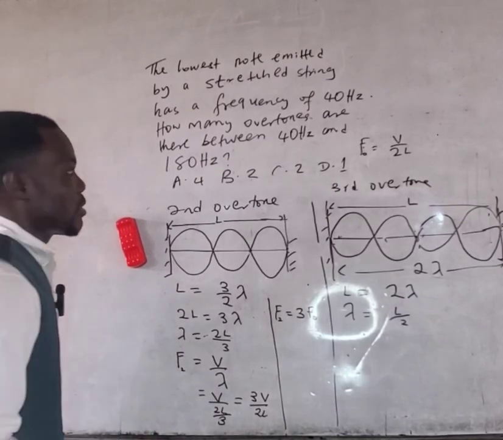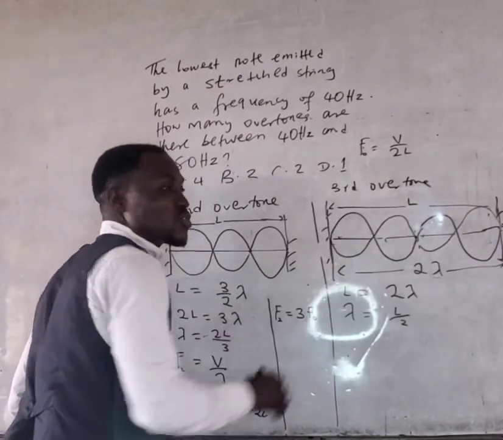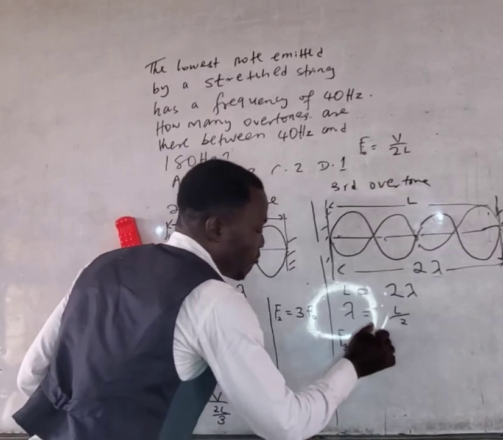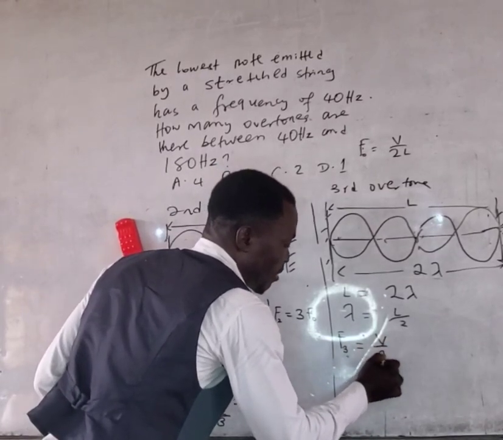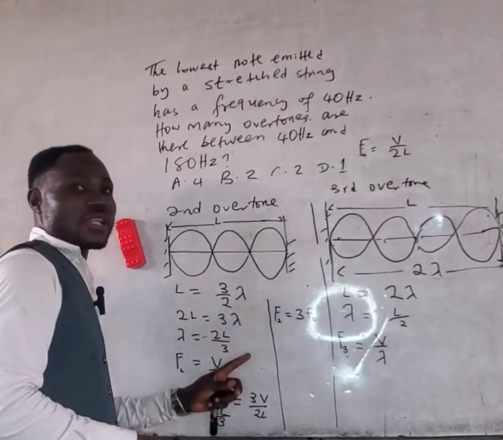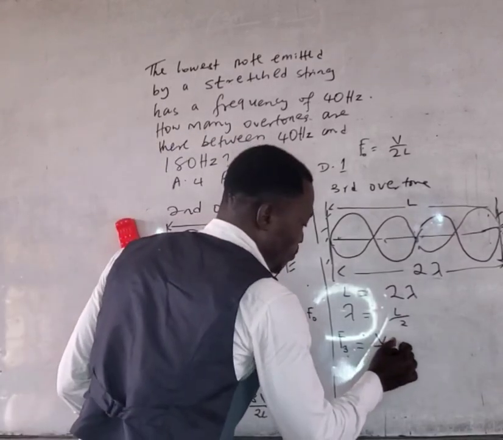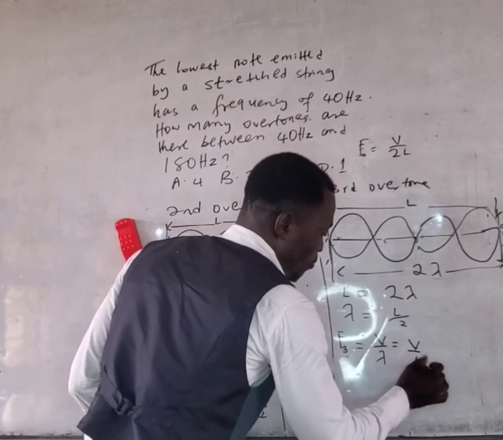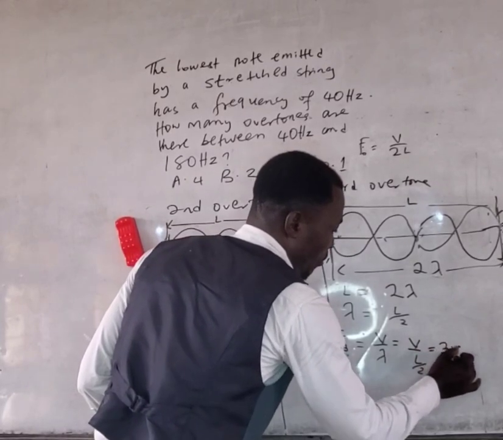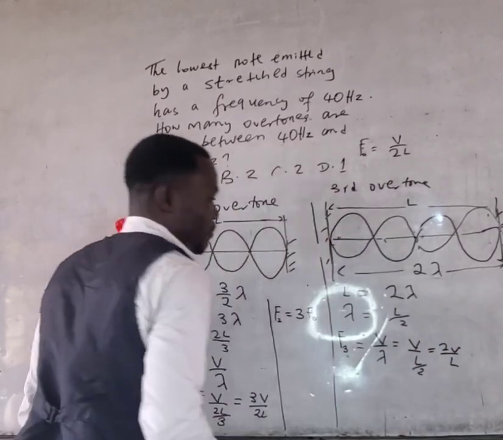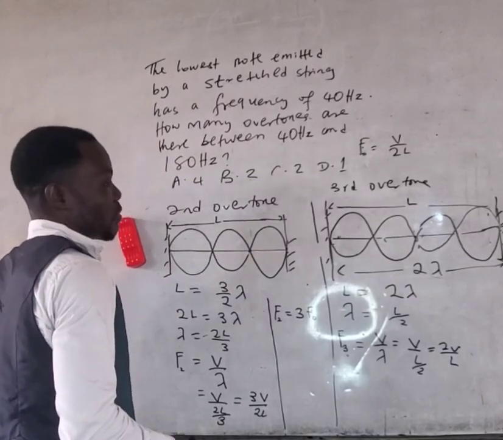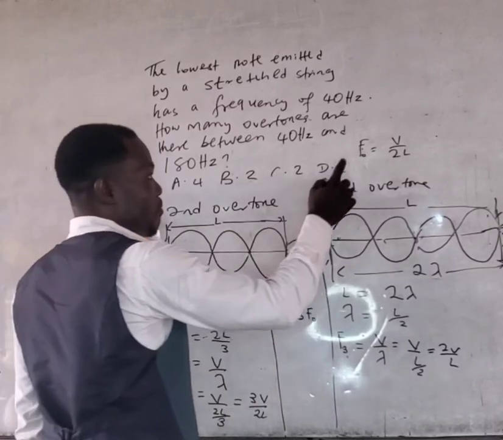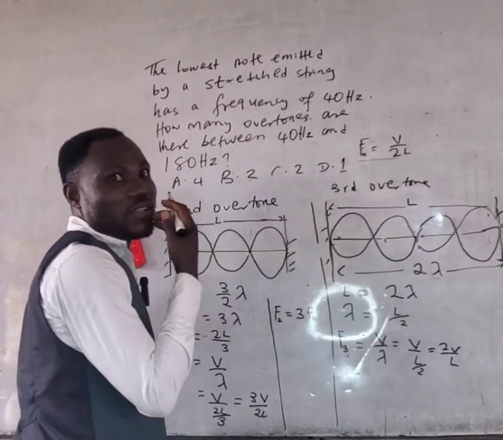Following, right? Okay. So the frequency of this third overtone, which is F3, will be equal to V over lambda, and lambda is L over 2. We can now put it to be equal to V over L over 2, and that gives us what? 2V over L. So we can see that, recall, let's come back again, look at the fundamental frequency.